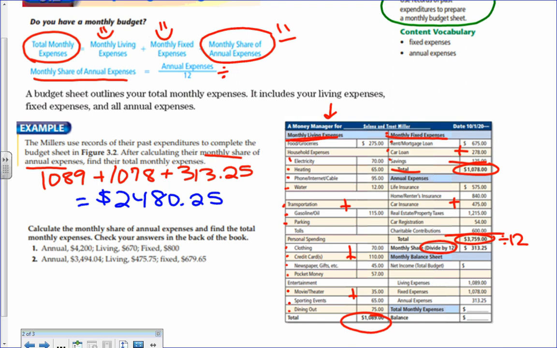Dos mil, cuatrocientos ochenta y treinta y cinco. Okay. Any questions? Hay preguntas. Con este, ¿no? ¿Es claro?